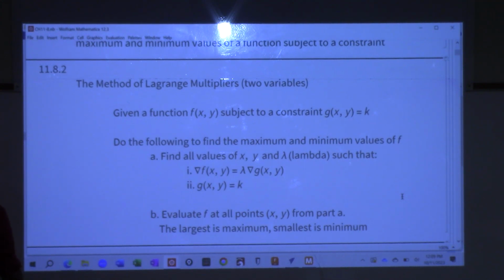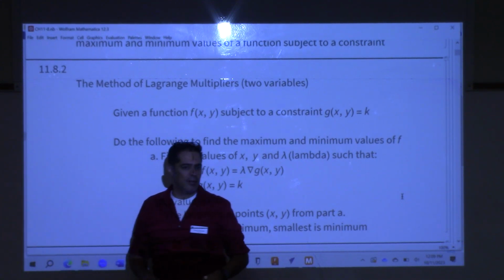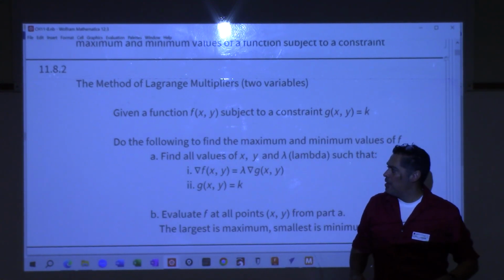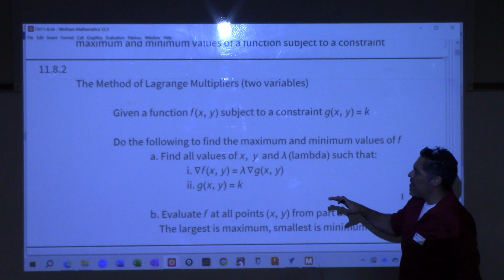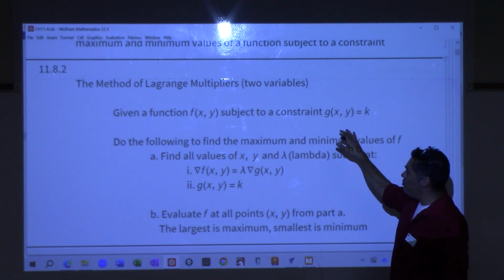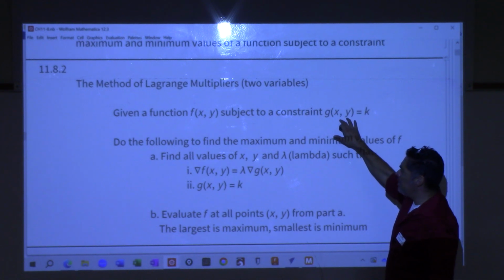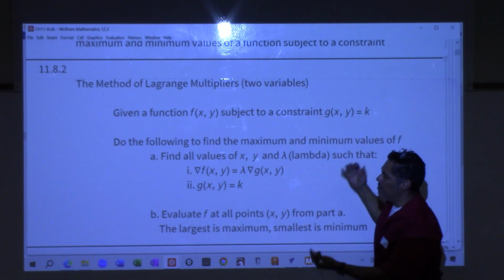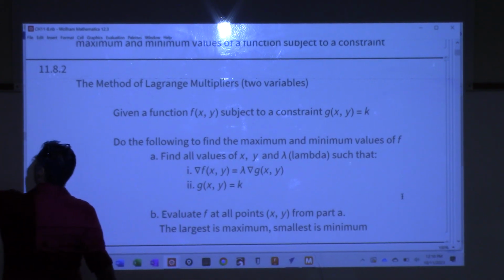If I say f of x, y, that's some sheet floating in the wind in three-dimensional space. If I make this function subject to a constraint, this equation would be something like, I'm just going to make up an equation, x squared plus y squared equals 1.